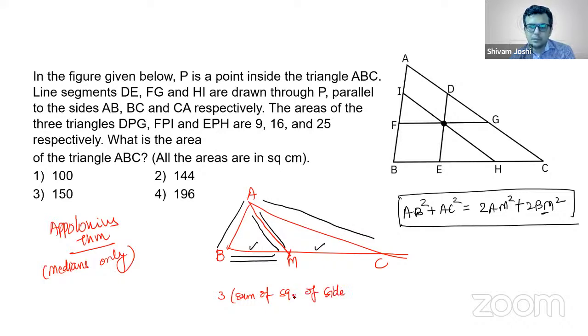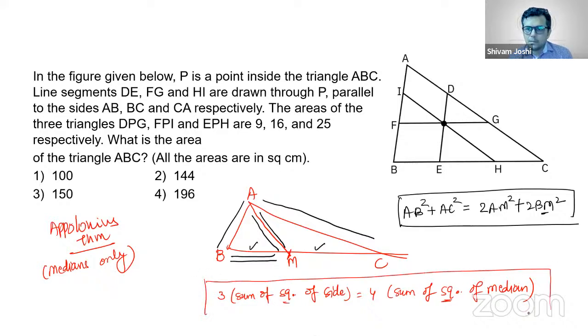This might be a property which can be rarely used in some one-off question. 3 times the sum of squares of sides is equal to 4 times the sum of squares of medians. This is square, this is also square. This is a derivation which can be done based on Apollonius theorem.